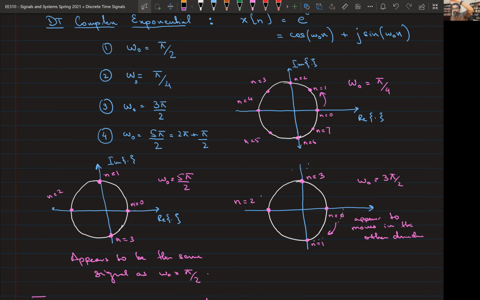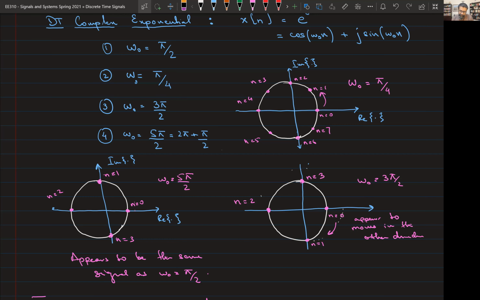Pi by 2 is a higher frequency, pi by 4 is a smaller frequency. But what about 3 pi by 2, which is 1.5 pi? 1.5 pi is actually greater than 0.5 pi.